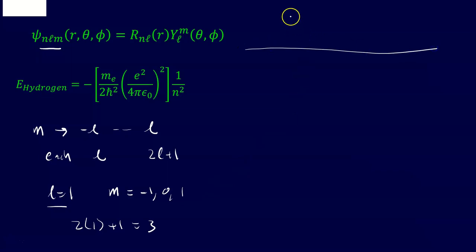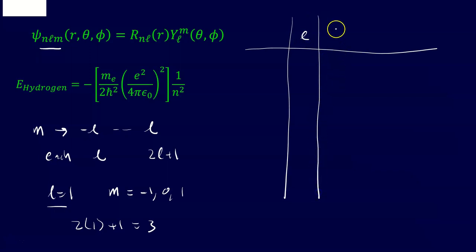We can make a little chart here. This will be our principal quantum number n, then our l, and then the number of degenerate eigenstates, which we're going to find will be n squared.